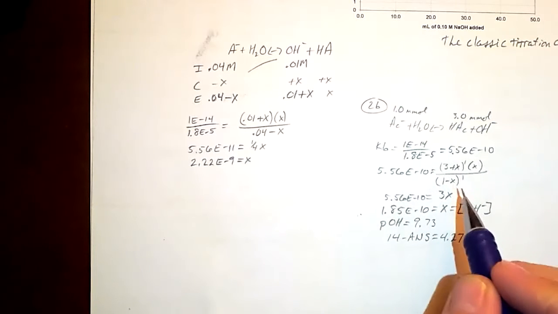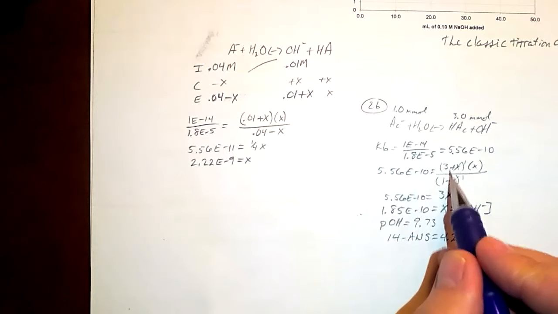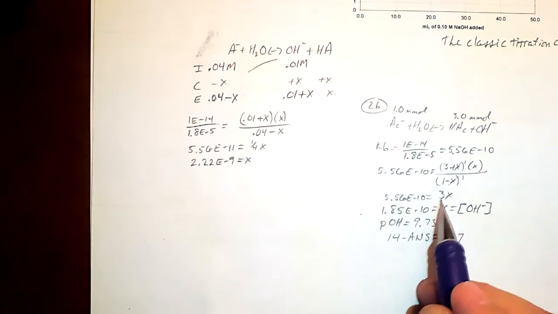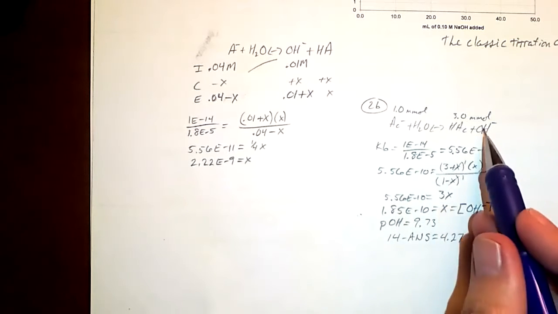But you know what? It's immaterial. Let's cross those out. So we get 3 times X. So I divide by 3. Here I get 3X, divide by 3, and I get X. But what is X? X is the OH minus.